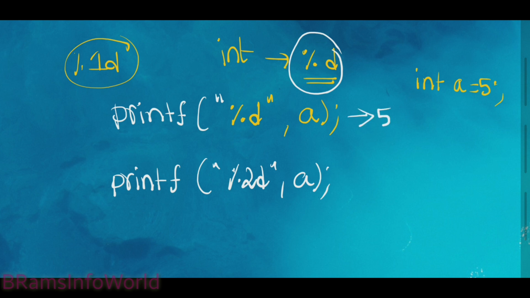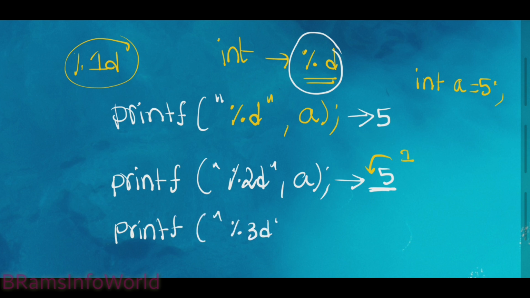The first directly prints 5, but the second time the total space is 2, so 5 will be printed in the second space with one space available before it. Next I'm going to define %5d of a, so the total space will be 5.